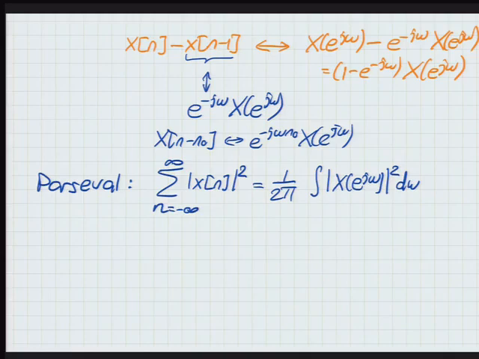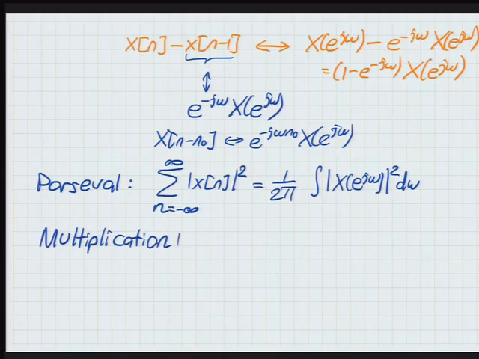Okay, here's an interesting property. It's called the multiplication property. We did see something like this in continuous time as well, but we'll see a slight difference, and that difference will be a consequence of the DTFT being periodic. And you'll see what is going on.